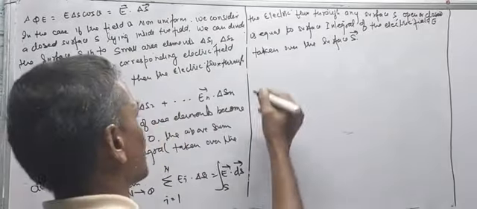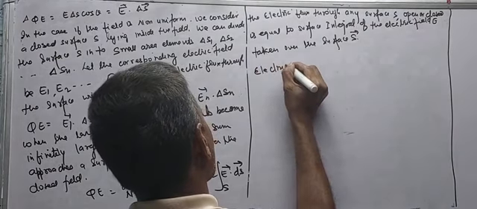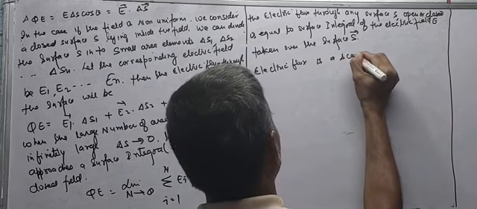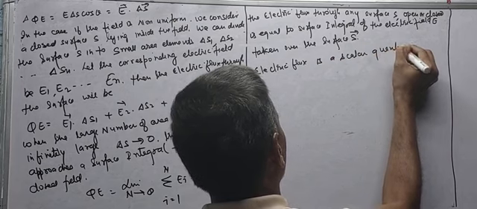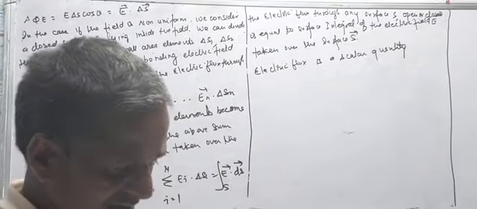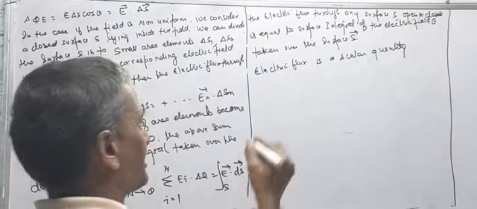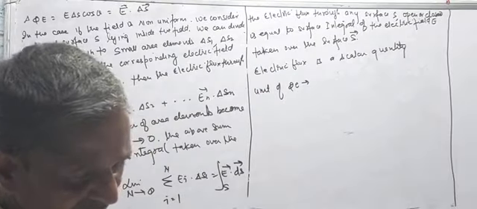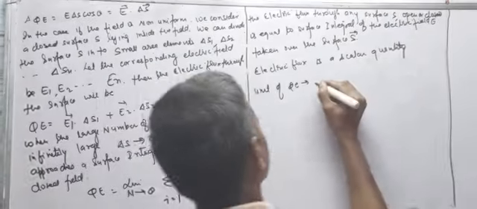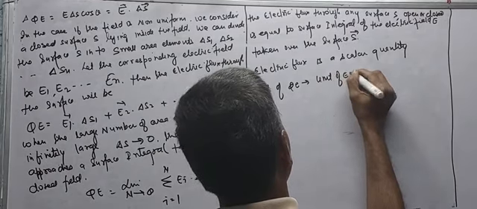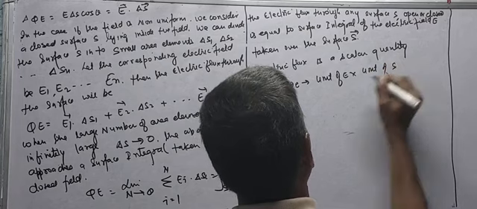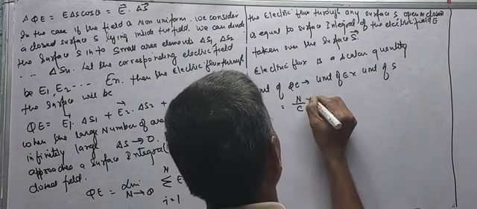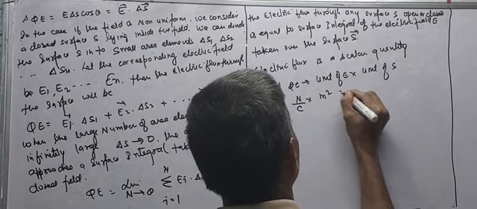Electric flux is a scalar quantity. So the unit of phi E equals the unit of E into the unit of S, that is Newton per coulomb into meter square.